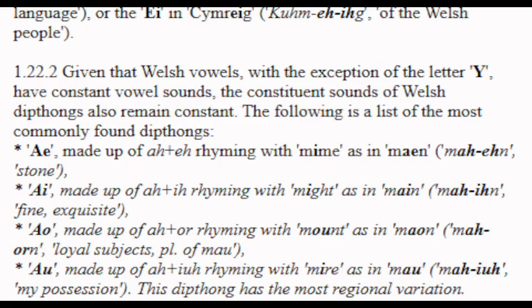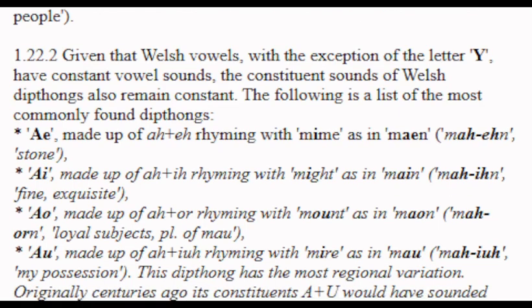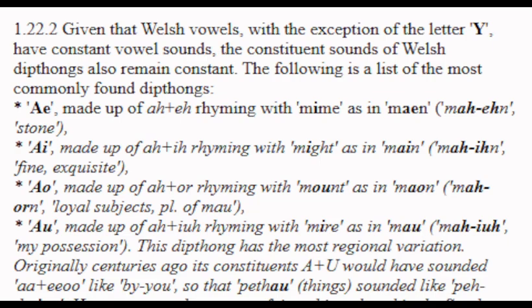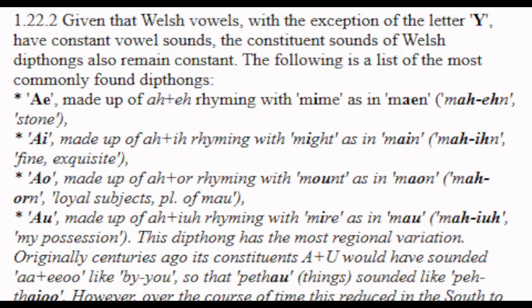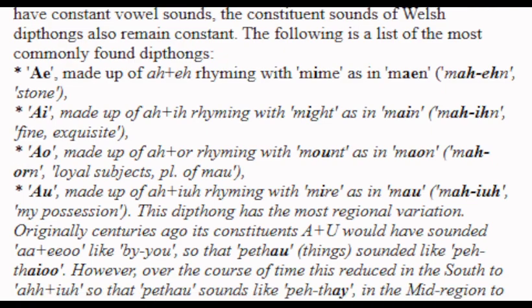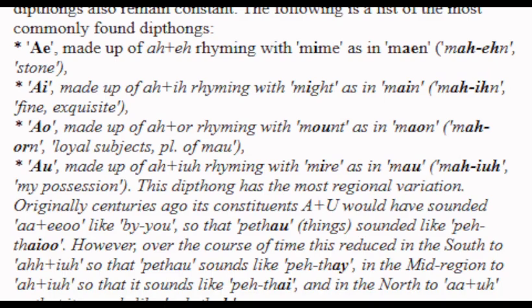Ai, made up of 'a' plus 'i', rhyming with mine, as in main, stone. Ei, made up of 'e' plus 'i', rhyming with might, as in mein, fine, exquisite. Aw, made up of 'a' plus 'w', rhyming with mount, as in maw. Ae, made up of 'a' plus 'e', rhyming with my, as in mae.